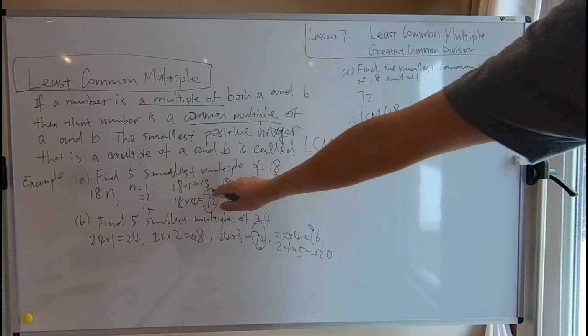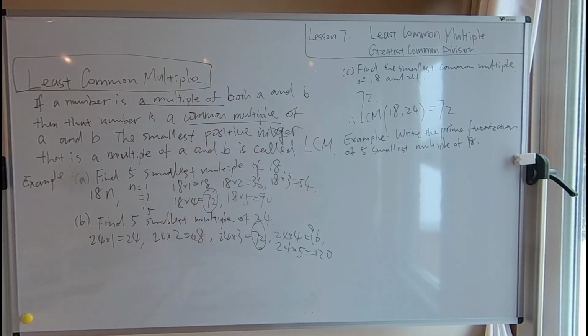We already wrote the first 5 smallest multiples of 18. Here it's asking us to rewrite them in terms of prime factorization.